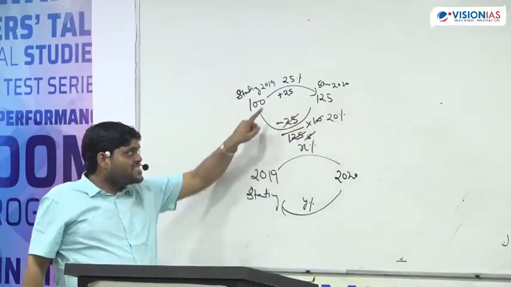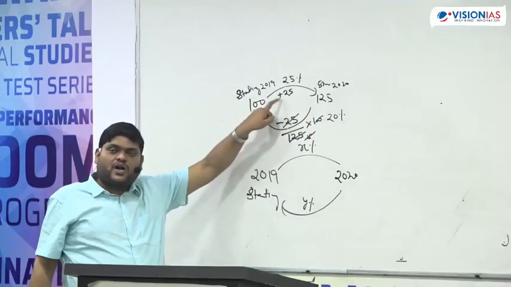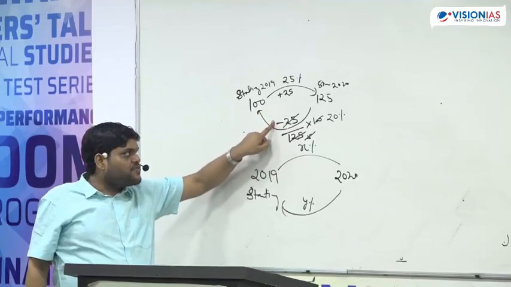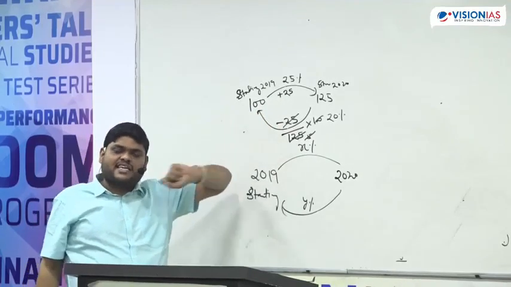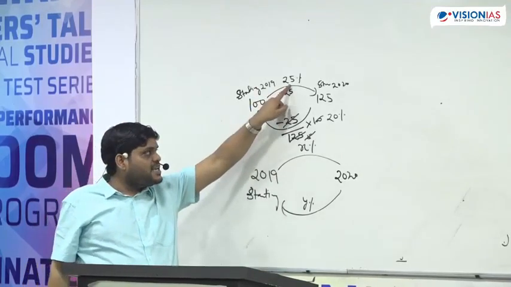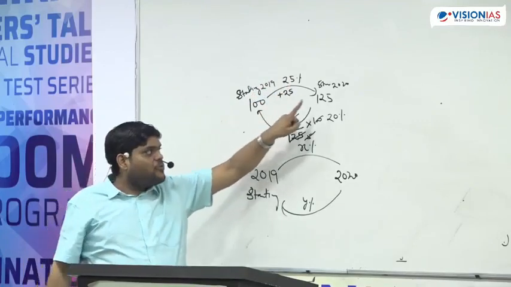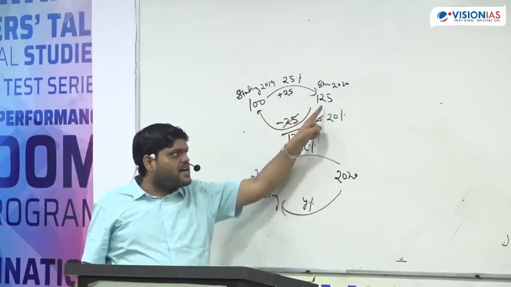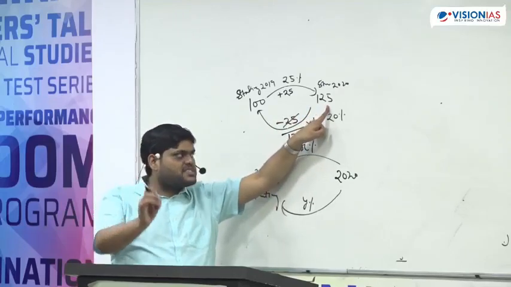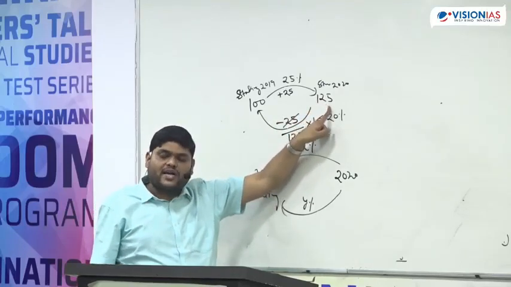See, the number remains the same, 25 increment, 25 decrement. But why is the percent changing? Because initially we were finding percent with respect to 100, and now because of successive decrement, we are finding percentage with respect to 125.